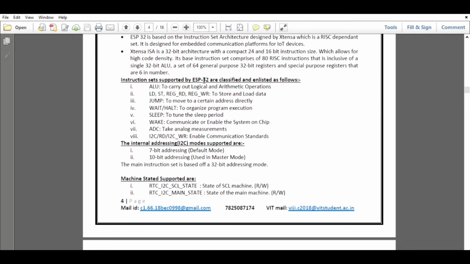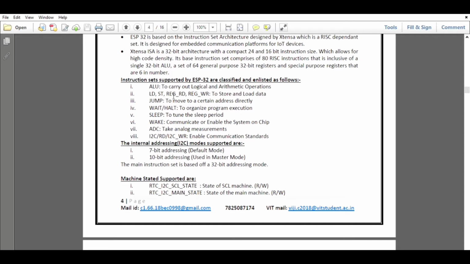These are all the instruction sets that are supported by the ESP32. Here ALU is the arithmetic logic unit. This is used to carry out logical and arithmetic operations like adding and subtracting that are performed by ALU.